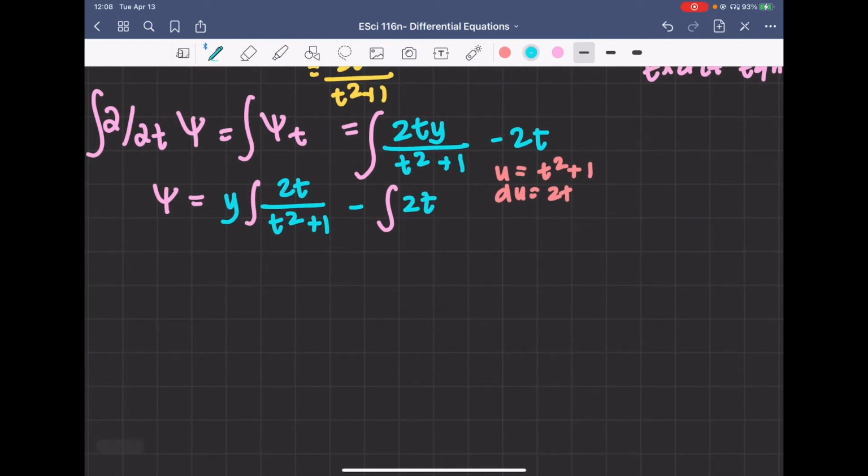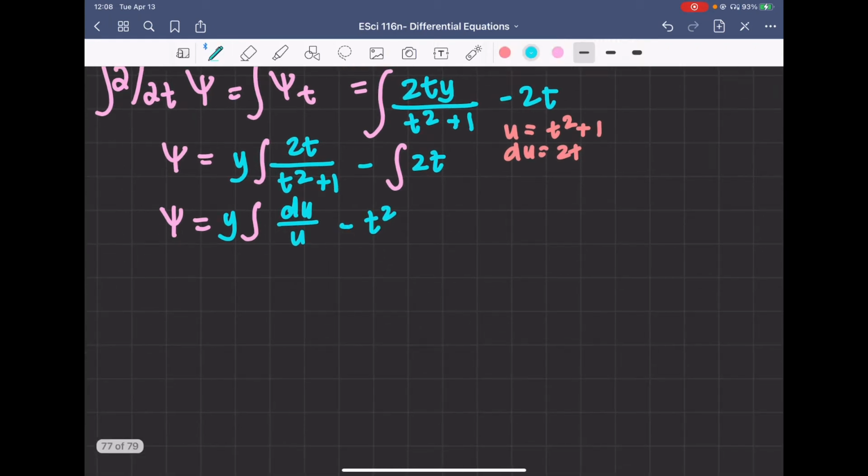So this is basically y times the integral of du over u, minus t squared. So the integral of du over u is ln u.